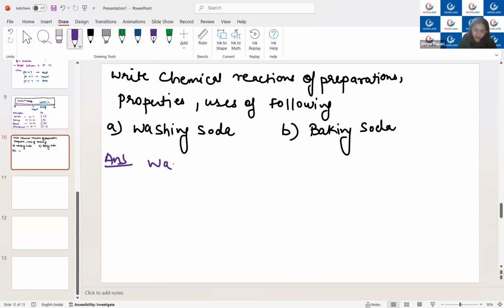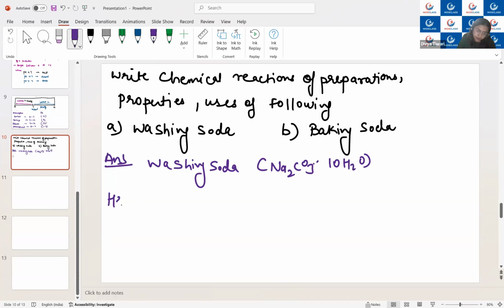First I am writing the washing soda. So we do recall the formula. It is Na2CO3·10H2O. This we can have after heating the baking soda.